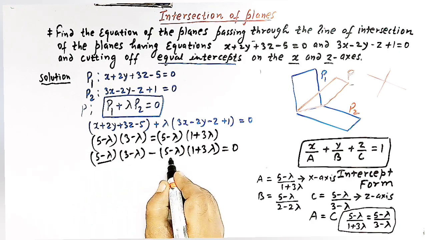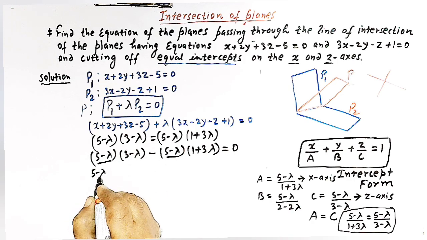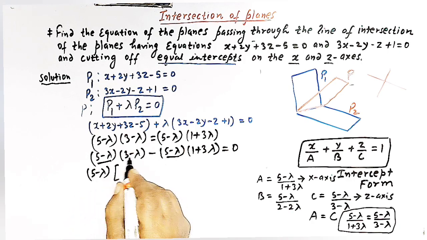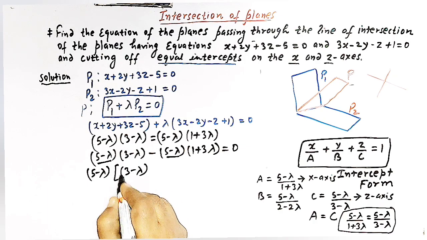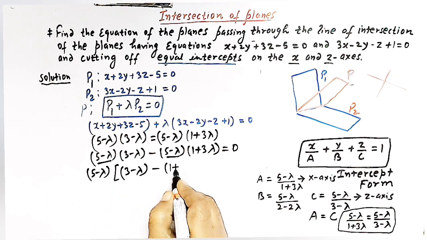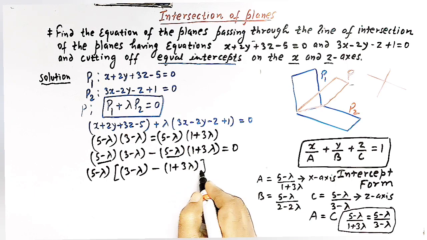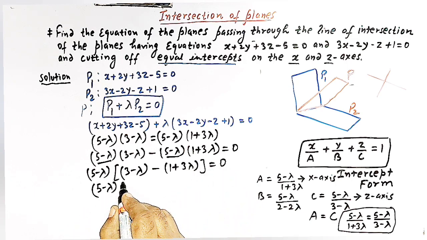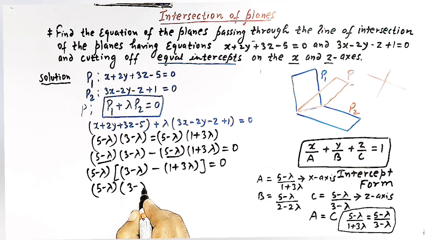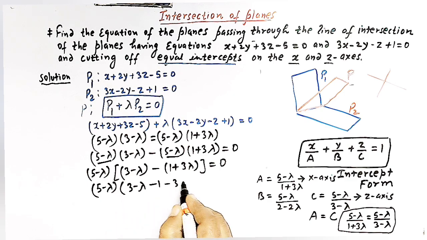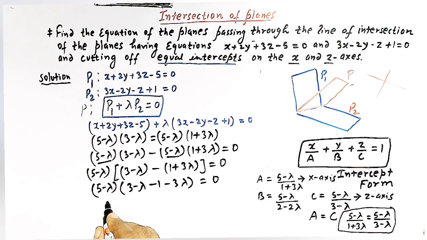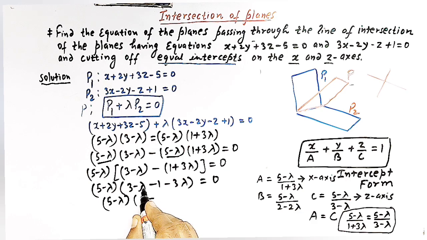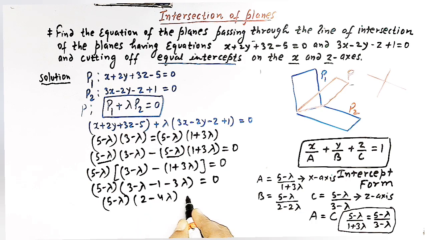Now taking 5 − λ common, we have (5 − λ)[(3 − λ) − (1 + 3λ)] = 0. So we can solve it: (5 − λ), and here we have 3 − λ − 1 − 3λ = 0. So this is (5 − λ), and here 3 − 1 is 2, and here we have 4λ, right?